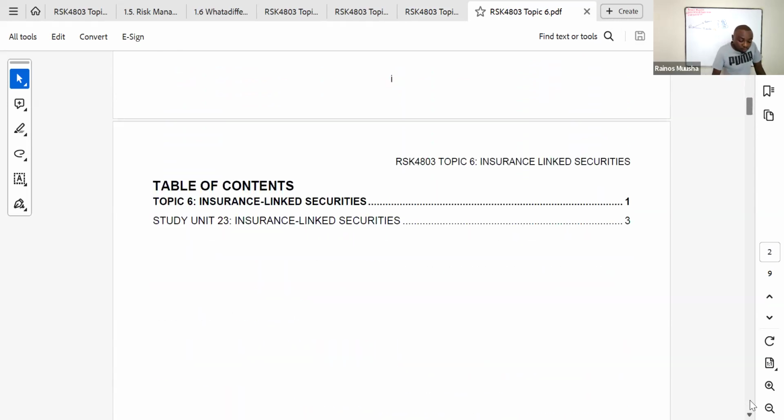Now, when it comes to topic 6, we look at insurance-linked securities. They are also going further to say, historically, in case of a loss event, especially catastrophic losses, how do we ensure that the organization or the insurance companies are able to meet their obligations, which is basically the contingent liabilities, which is basically the insurance claims?